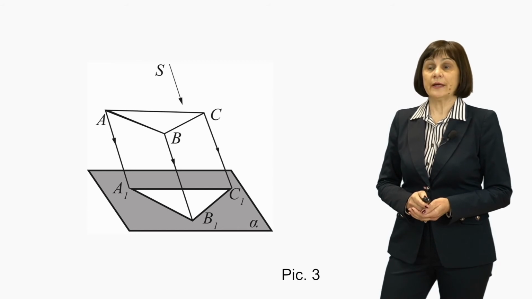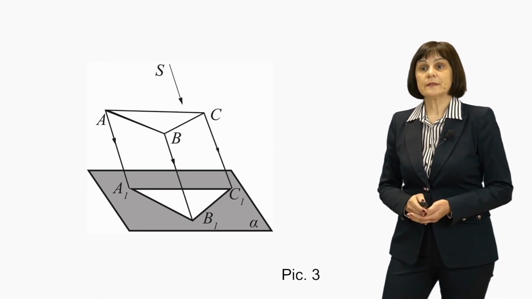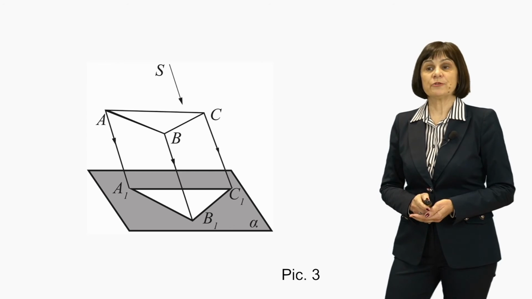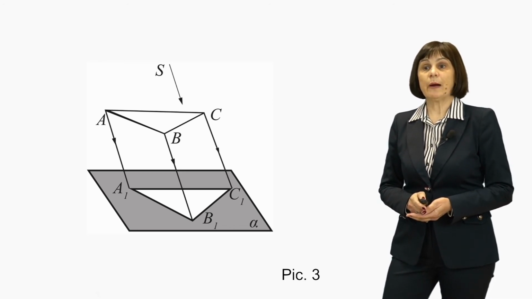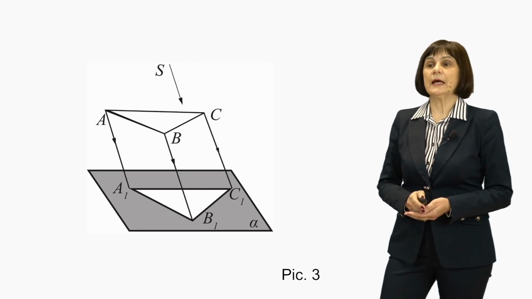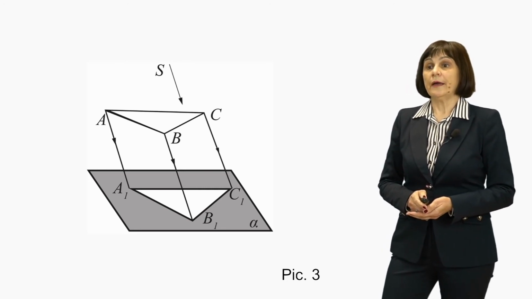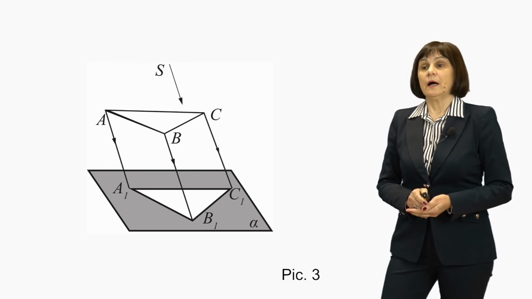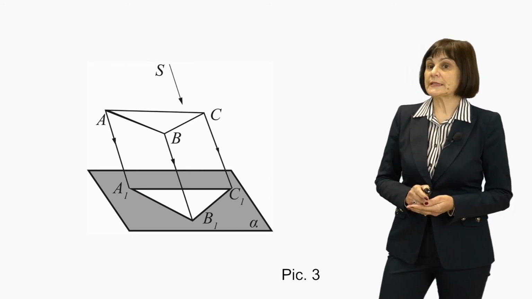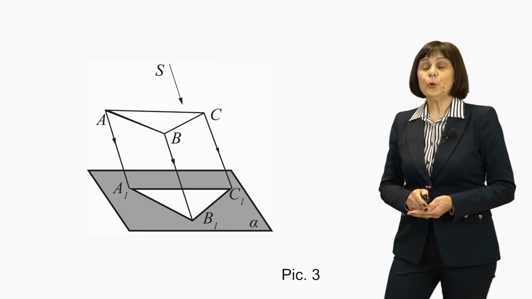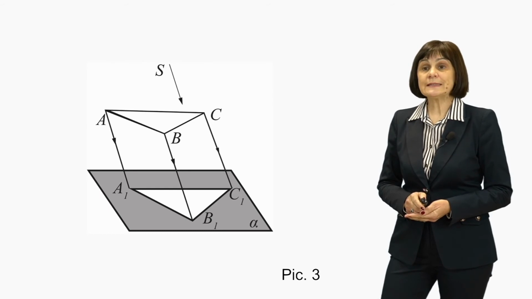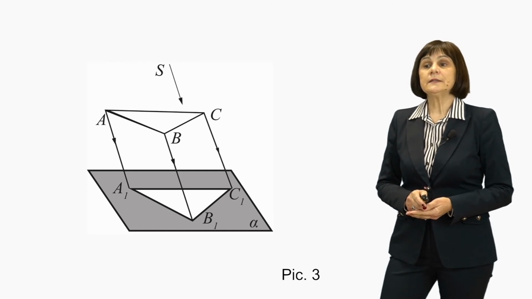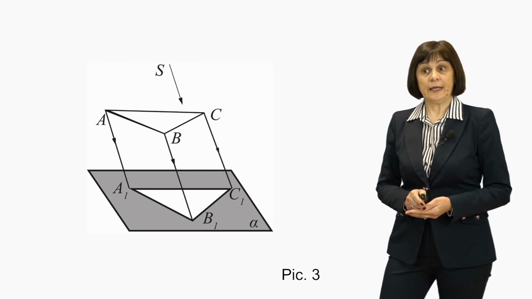We project the triangle on the plane of projections denoted with small letter A. The direction of the projections is indicated by the arrow S. To project point A on the plane denoted with the small letter A, draw a straight line through this point parallel to the direction S until it intersects with the projection plane A.